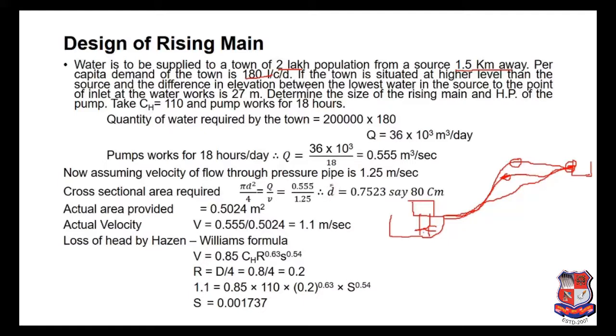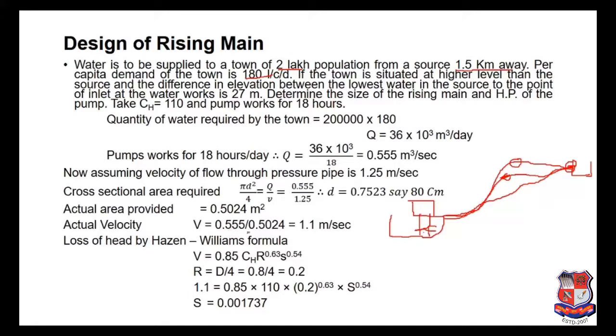So from this equation, D is equal to 0.75 or say 80 centimeter. So if we have rounded this figure to 80 centimeters, the actual area provided is 0.5024 meters square, and actual velocity will be V is equal to Q by A, right?